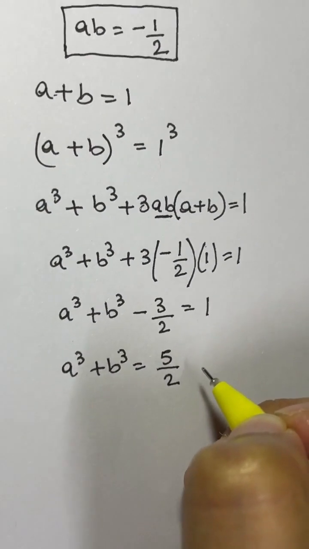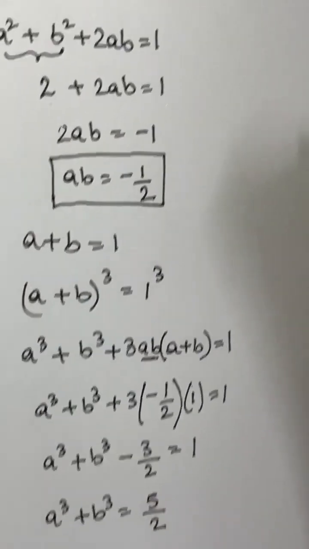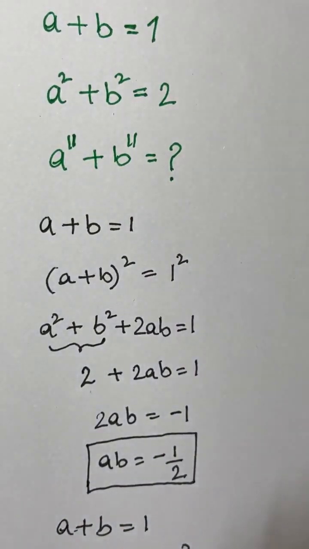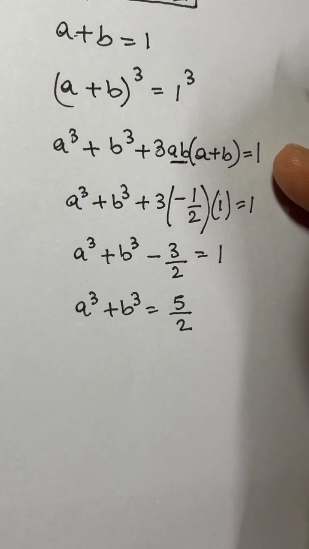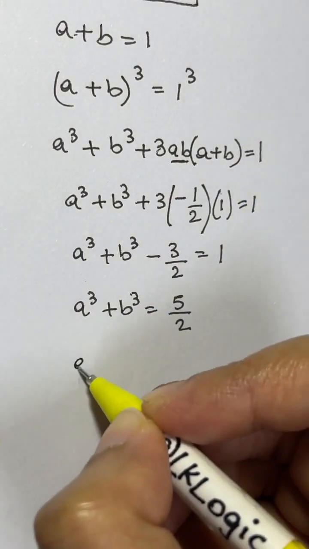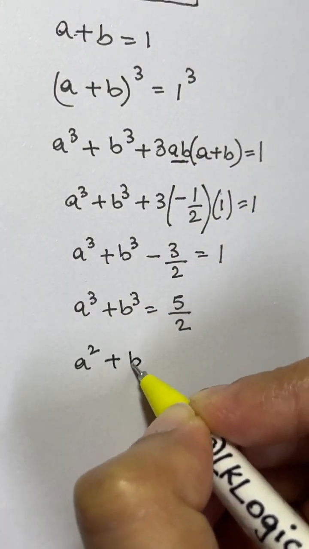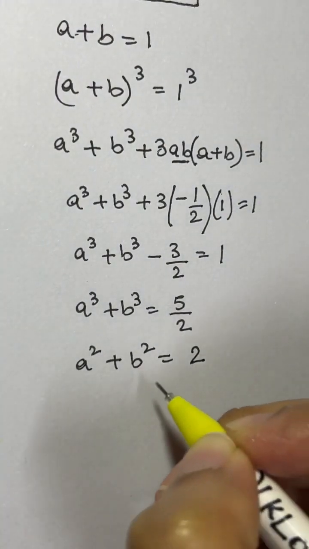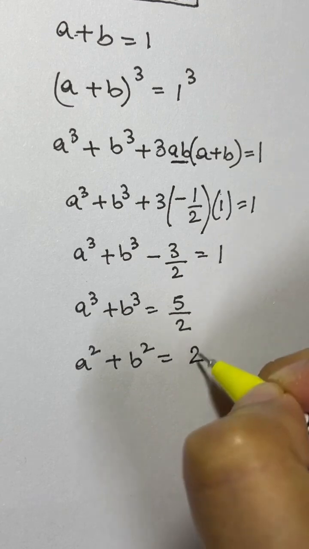And now, as we already know that a squared plus b squared is equal to 2, I'm going to write that back. We have got a cube plus b cube, and we also have a squared plus b squared, given as 2. Now I'm going to multiply them.